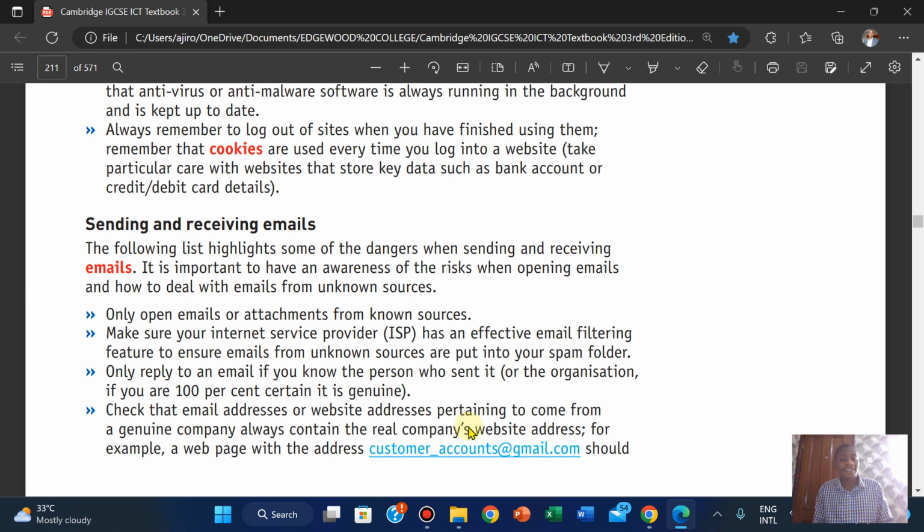Check that email address or website address pertaining is coming from a genuine company. And most of the time, organizations that send email always have their name on it. Usually they have what we call a webmail, or a Gmail customized mailing.